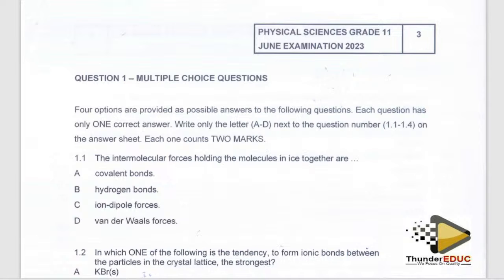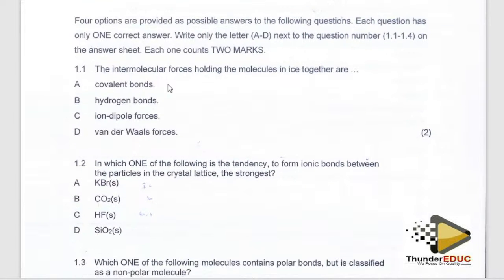All right. Let's start with the first question. The first question is saying the intermolecular forces of attraction holding the molecules of ice. When you talk about molecules of ice, you're talking about H2O.